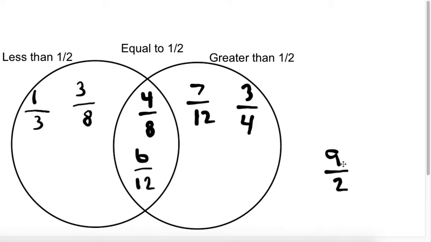And then we have this 9/2 left. Okay, hopefully you noticed that this was an improper fraction. Anytime we have an improper fraction, that automatically tells us that it's greater than a whole, and if a fraction is greater than a whole, it's definitely going to be greater than a half. So that one's going to go in that category as well.